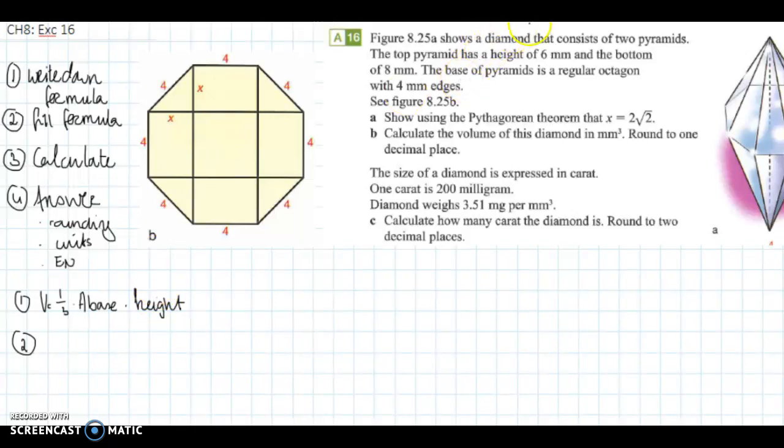When we take a look at the plan here, the base was a regular octagon. You can see that it's divided into several triangles, rectangles, and one square. Let's number them. This is the square, and that's number 1. Then we have 4 rectangles.